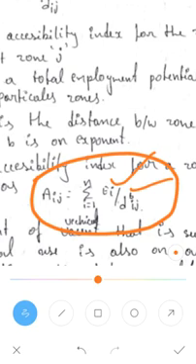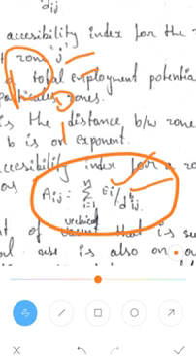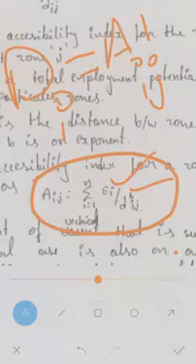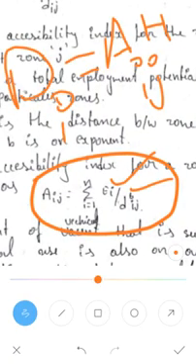The development potential of any zone is represented by Di, which is the product of the accessibility index Ai and its holding capacity Hi. This is how the development potential of the zone is represented.